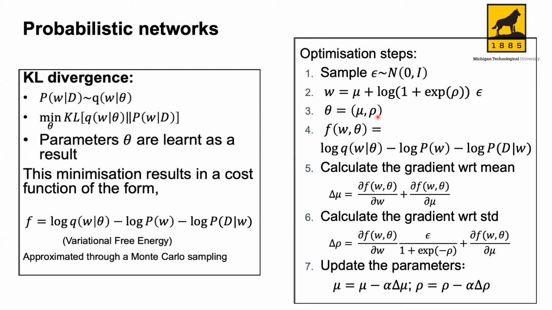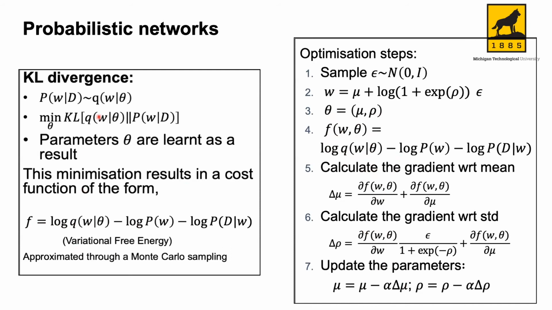Towards that, we draw samples from this probability density of W, evaluate this function here, the variational free energy, and then with the standard technique, you take the gradient and update the parameters. You find the optimal value of theta.